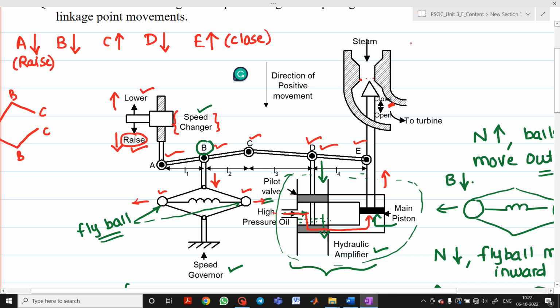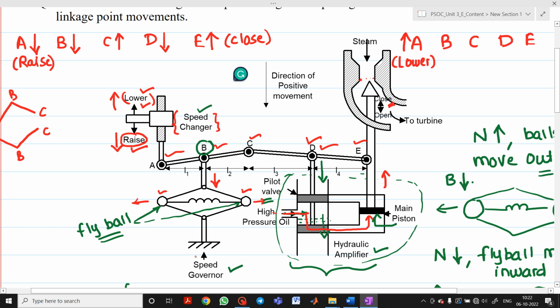On the other hand, I can write for decrease in the speed. This is A, B, C, D and E. As the speed changer will sense that there is a decrease in the value of speed, it will be at a lower position. So lower means what? I can represent this like this. It will be lower. So as A will be lower, what happens to B?